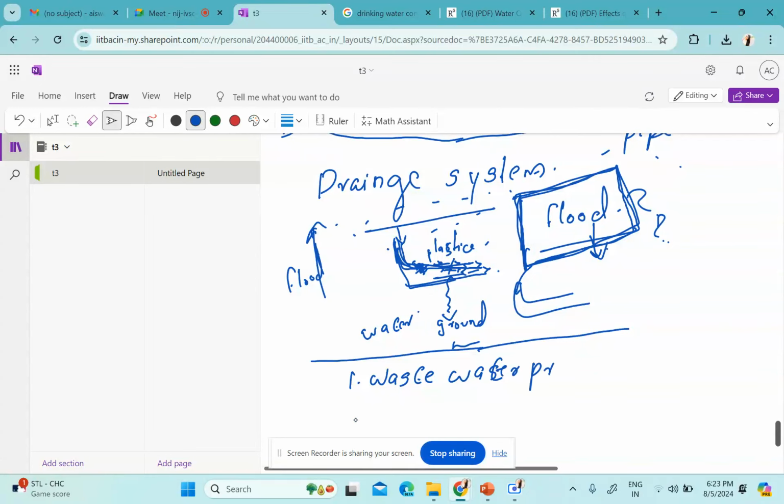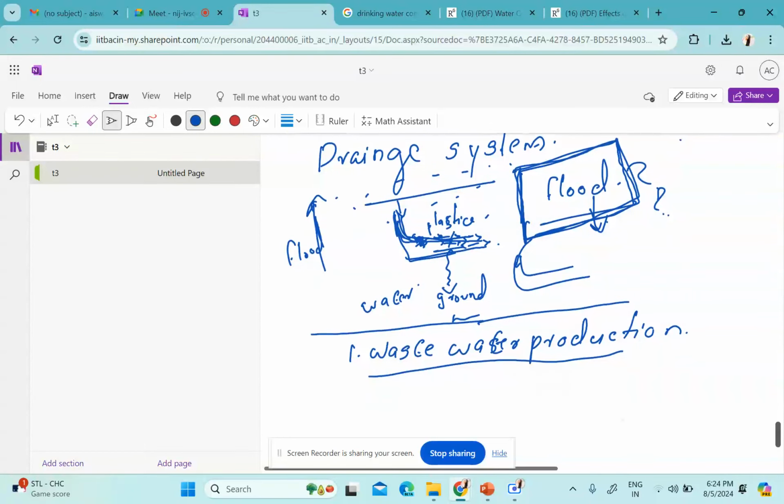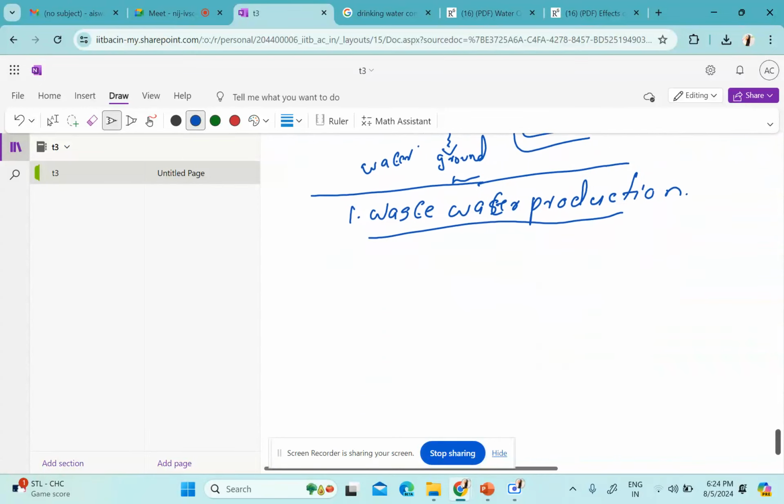So quantification of the amount of wastewater production is very important in the drainage system design. If the wastewater production is high, we have to build the system accordingly.